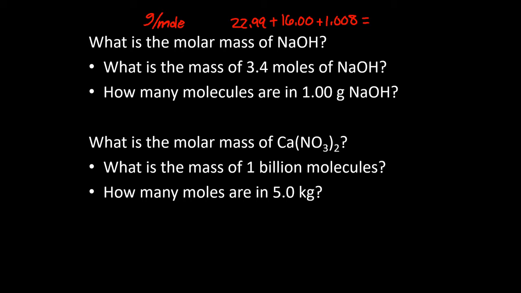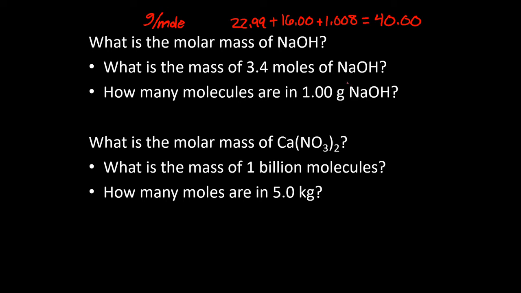So if I add all those together, I get, and let's see, I get 4 sig figs, so I don't get to keep all of these. So when you add all those together, you get 39.998.